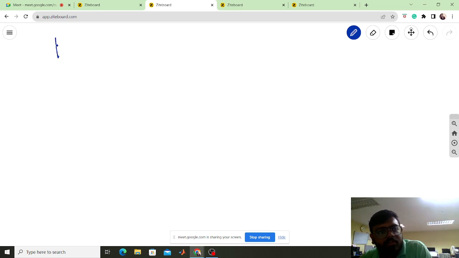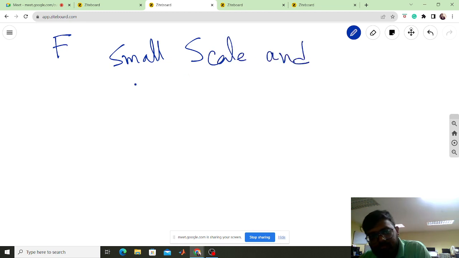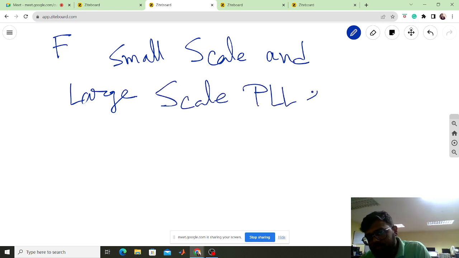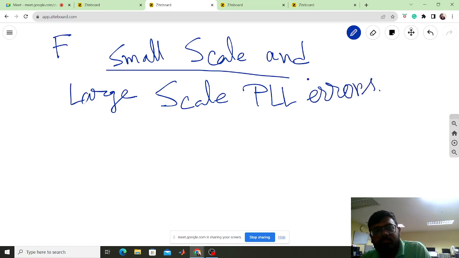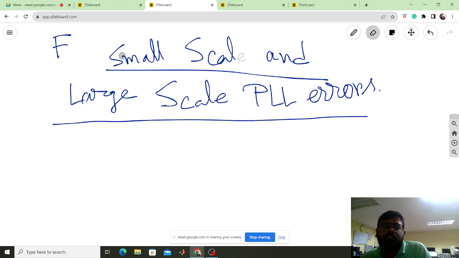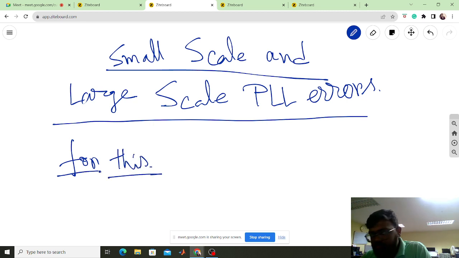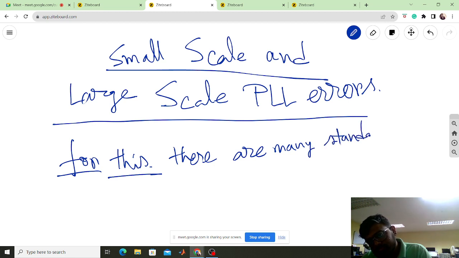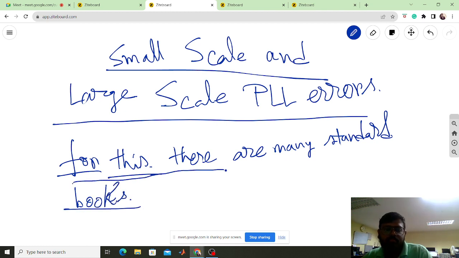For that, small scale, there are many standard books or PDFs.